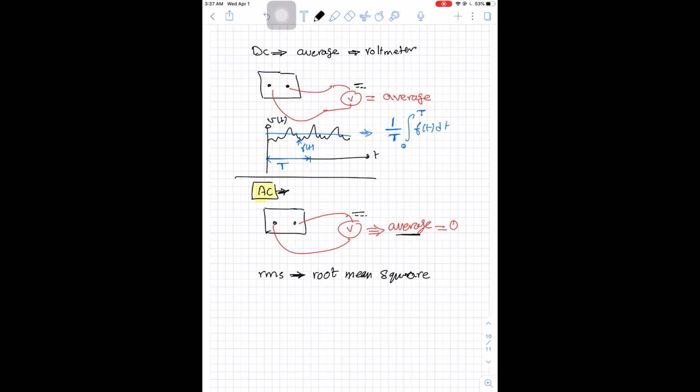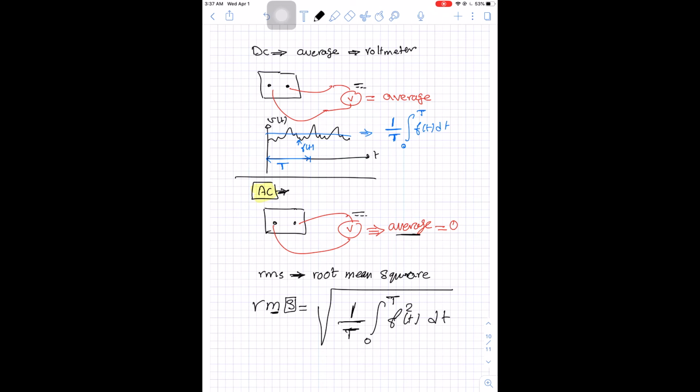From the definition, it is the square root of the mean of the square. Mean means the average, 1 over T integration from 0 to T, but not of the function, rather of the function of t squared dt.